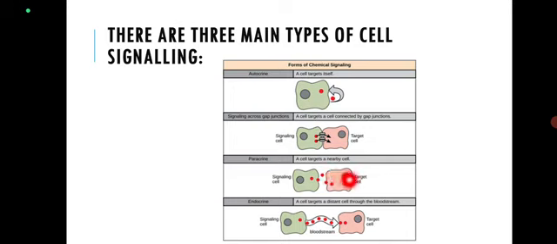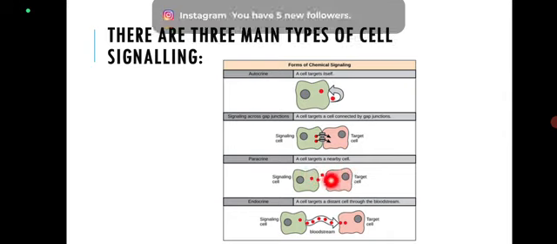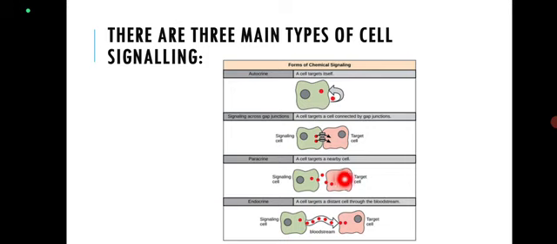Because of that reception, the recipient cell will undergo some physiological changes. So some changes will happen inside the cell. This is the kind of mechanism. We can take one example: if any insect bites you, swelling might happen, sometimes a larger swelling.